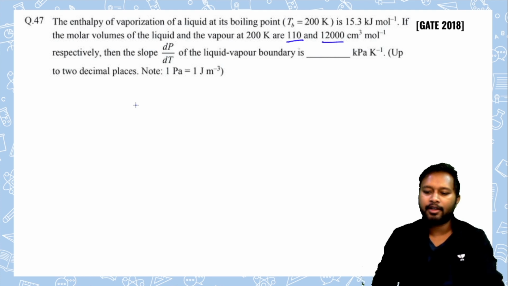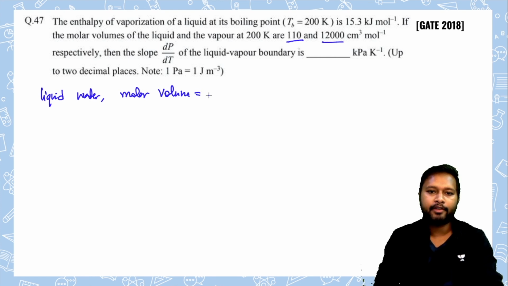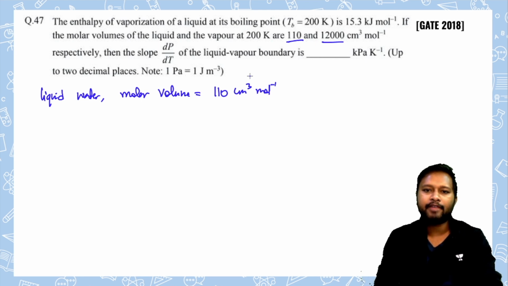First of all, let's try to talk about liquid water. The molar volume of this is given to me as 110 centimeter cube per mole. But can I put these values in centimeter cube per mole? I should rather convert it into meter cube per mole, because most of the things are in MKS units.